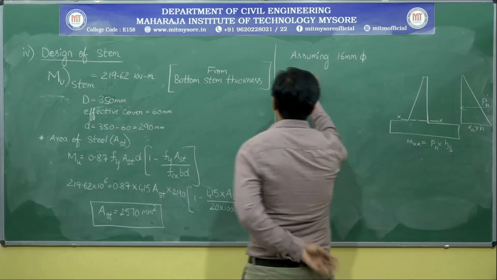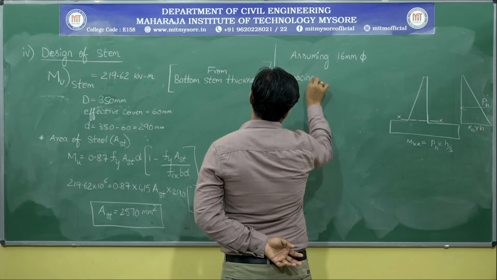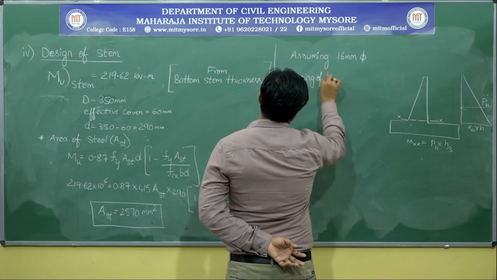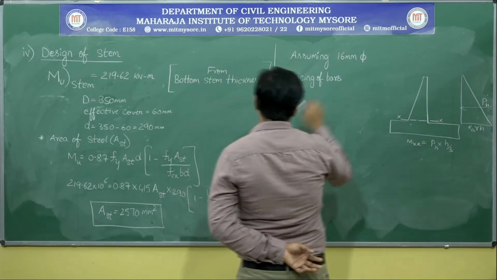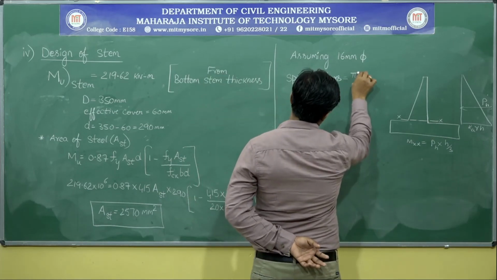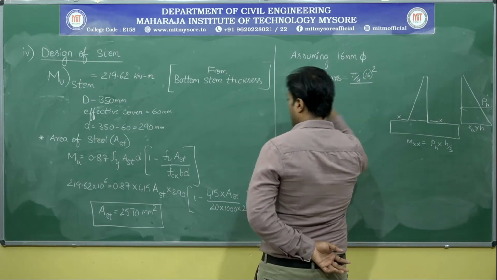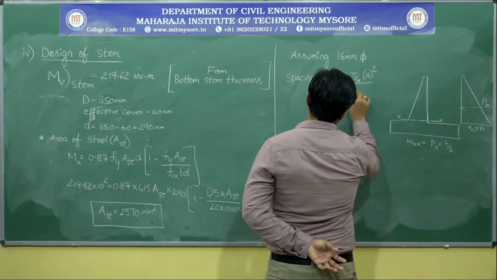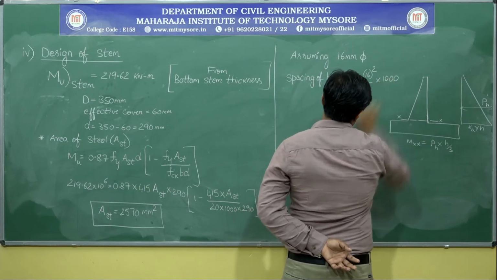So how to calculate the spacing of bars? Spacing of bars is given by pi by 4 into d square divided by the total area into 1000.